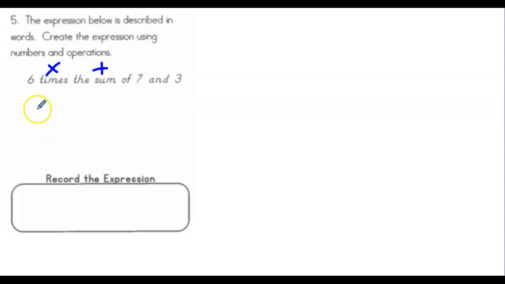So we have to look at this and say 6 times, and I'm just going to write it the way that it says, 7 plus 3. But now, I have got to make sure that we add these first.